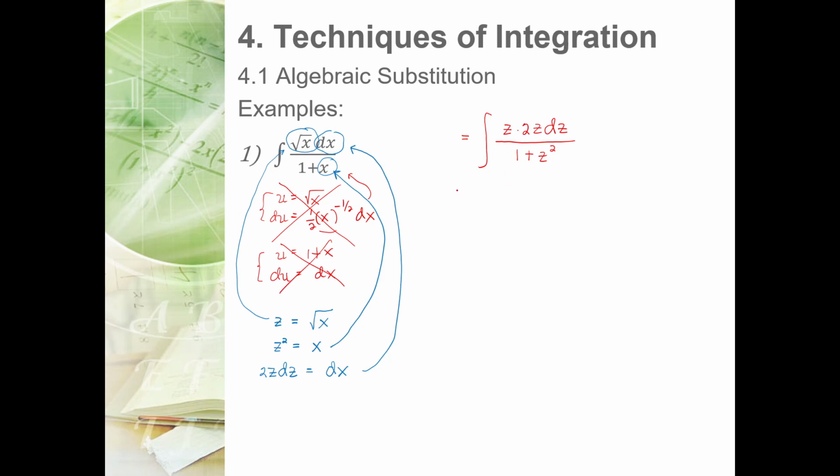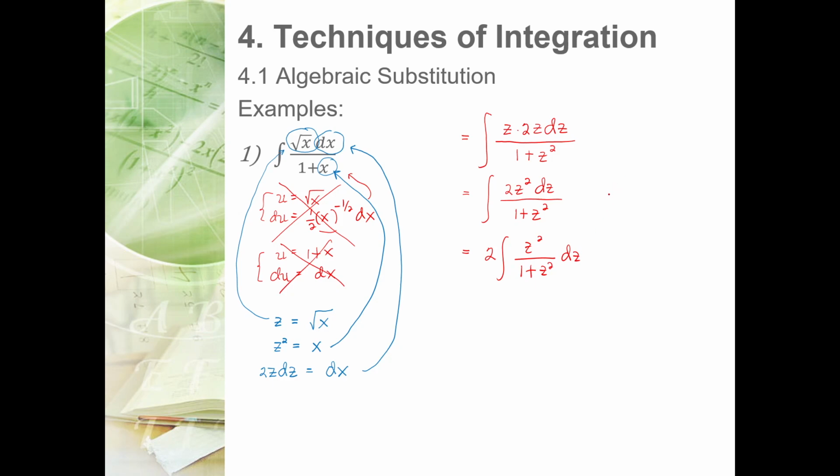Further simplifying, we have integral of 2z squared dz all over 1 plus z squared. Then bringing the constant outside the integral symbol, we have z squared all over 1 plus z squared dz.